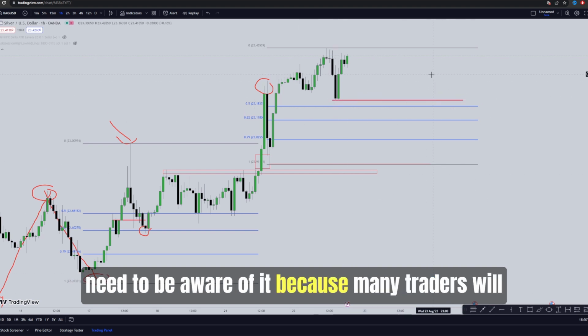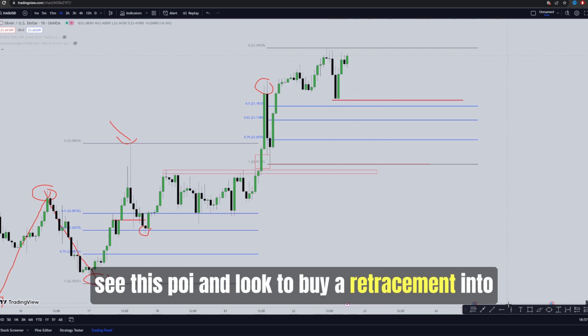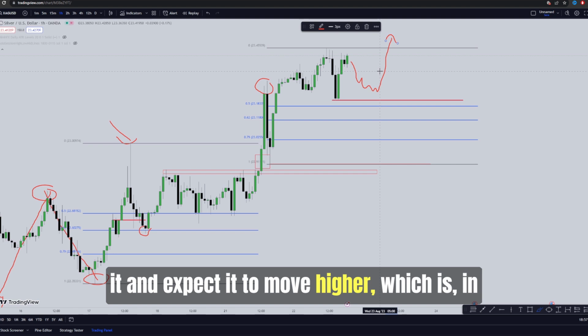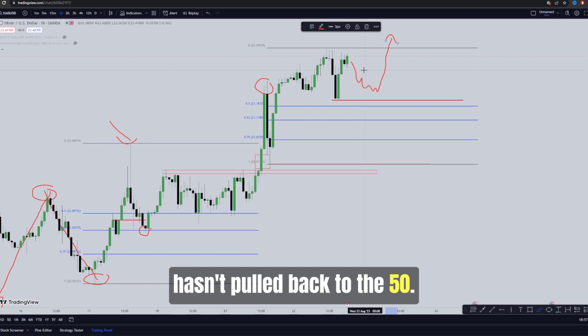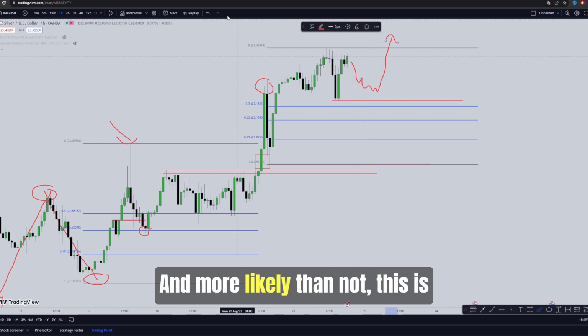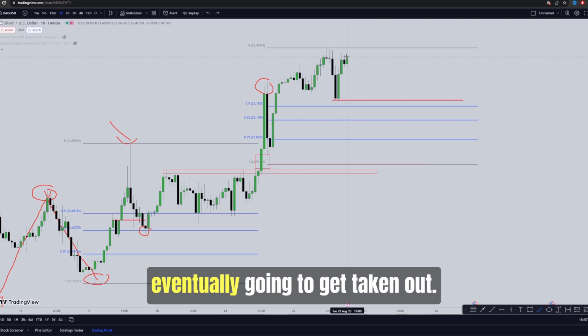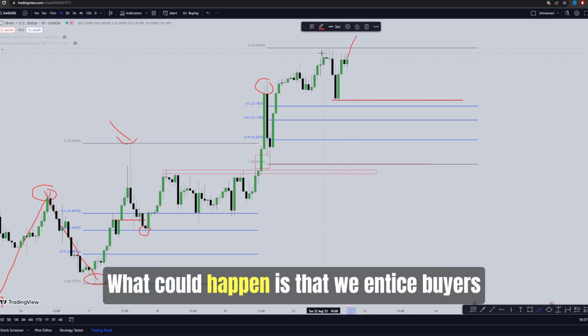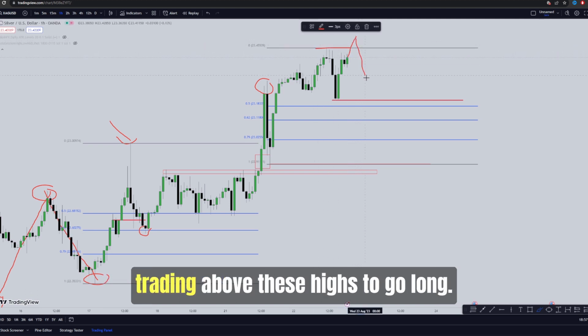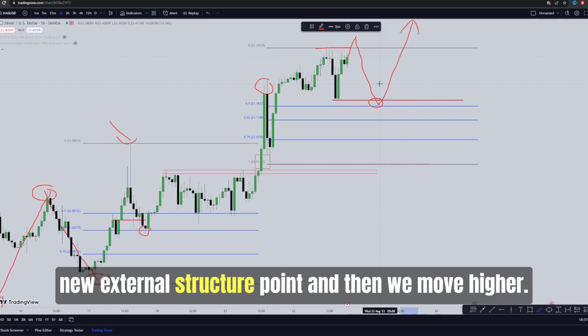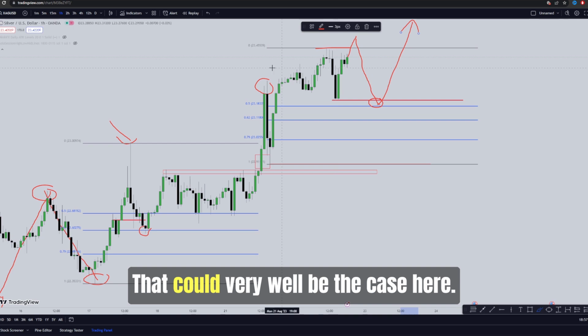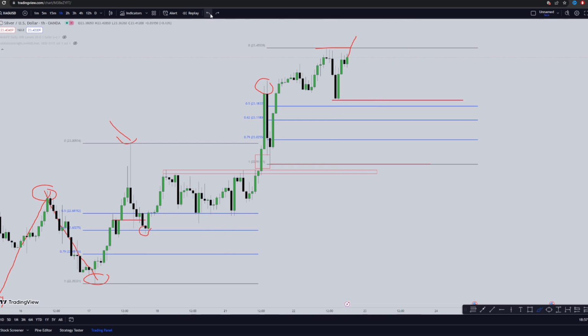And you need to be aware of it, because many traders will see this POI and look to buy a retracement into it and expect it to move higher, which is, in my opinion, the wrong analysis to be doing, because it hasn't pulled back to the 50, and more likely than not, this is eventually going to get taken out. What could happen here is that we entice buyers trading above these highs to go long. Then we retrace into the 50 and create a new external structure point, and then we move higher. That could very well be the case here.